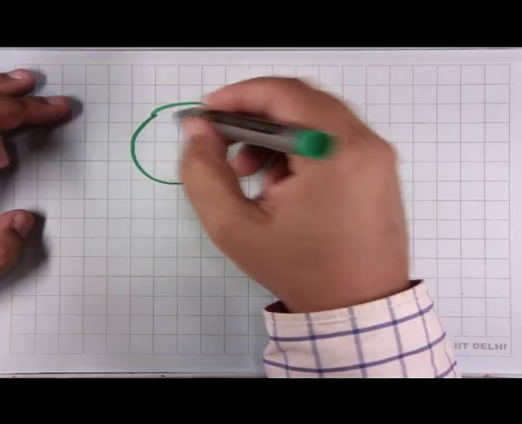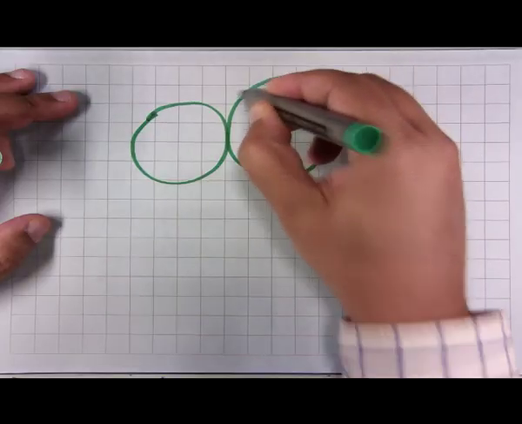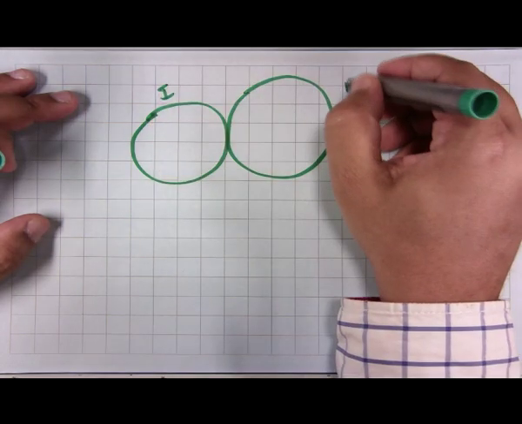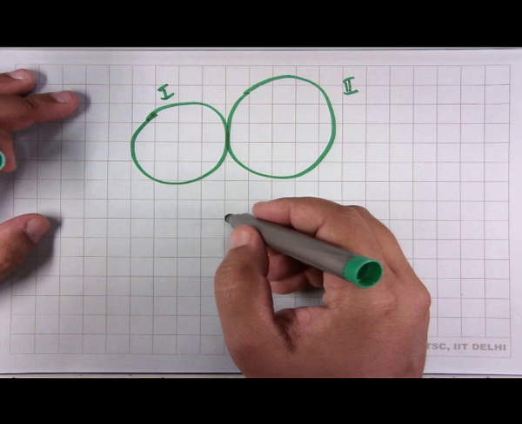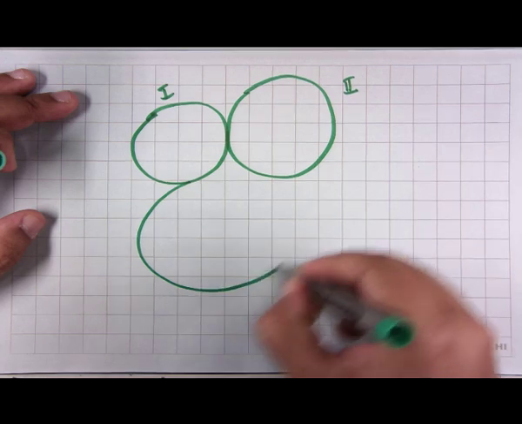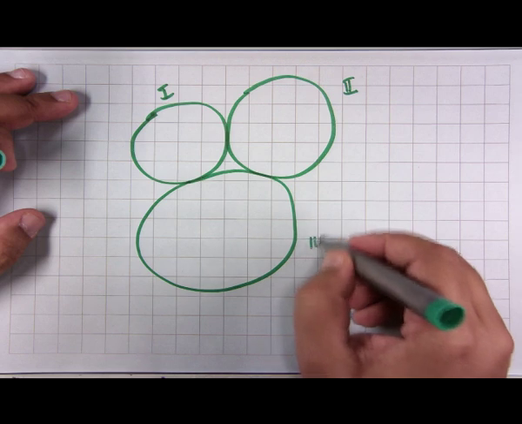Let us say this is the smallest circle of radius 3, then we have another circle of radius 4 centimeter. Let us say this is circle 1, this is circle 2, and then we have the largest circle, which is of radius 5 centimeter, circle 3.